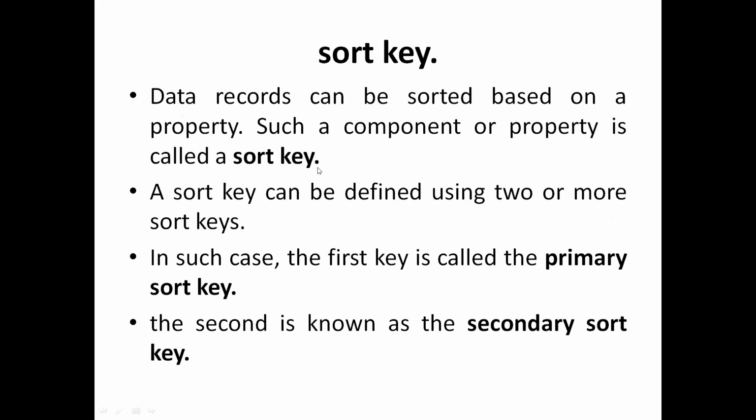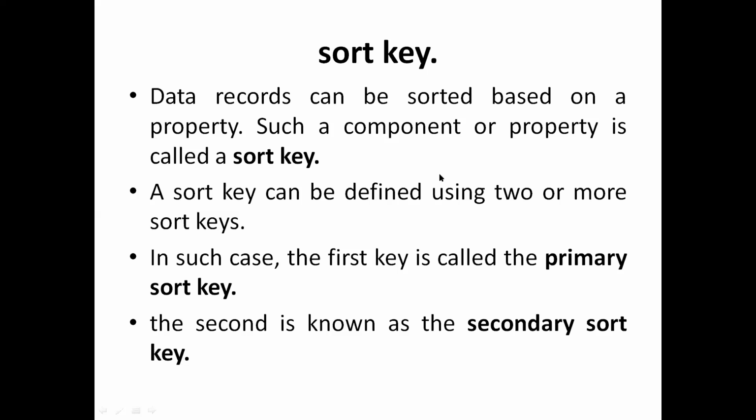The sort can be either ascending or descending, depending upon the application. A sort key can be defined using two or more sort keys, based upon which we sort the elements for a particular information.